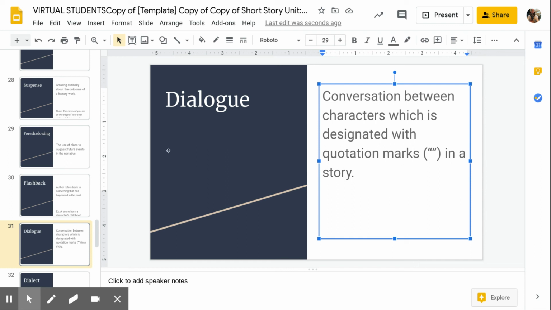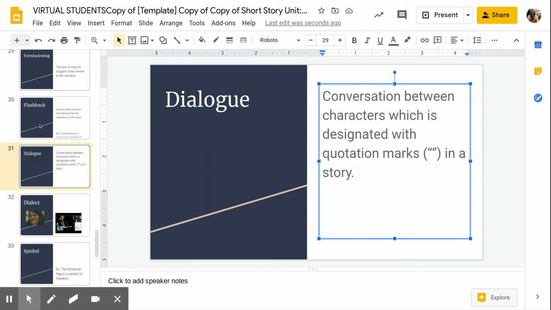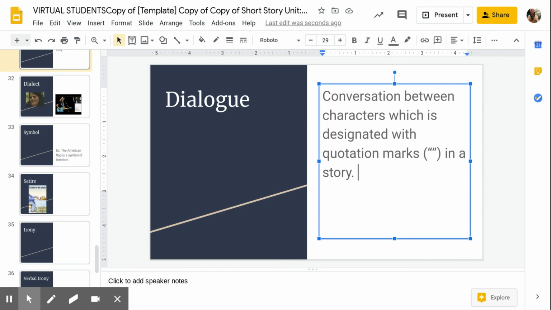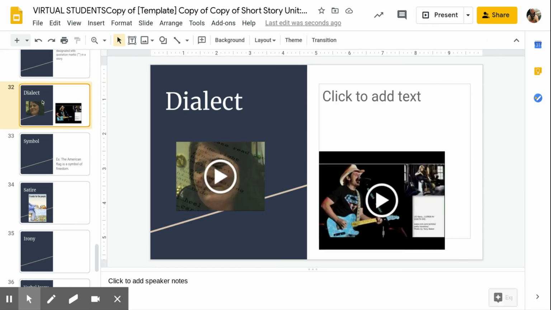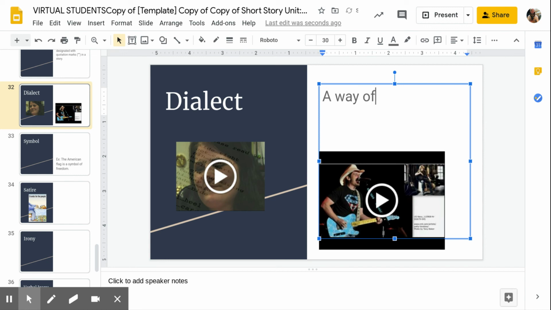So there's dialogue and dialect. Living in Kentucky, this is a very, very common thing for a lot of us. We a lot of times don't even know. Dialect is simply a way of speaking that is specific to an area or region.